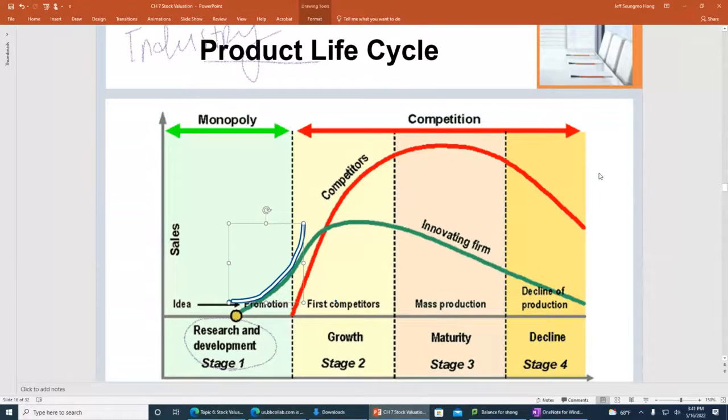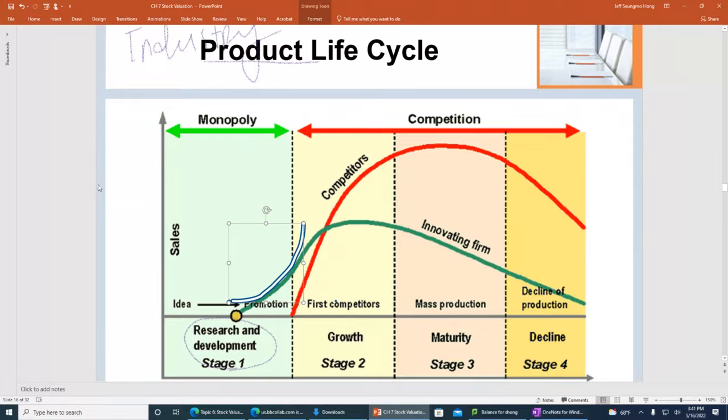Because what kind of characteristics does that curve have? The slope of that curve is increasing over time. In other words, the slope is getting steeper and steeper and steeper. That means growth rate is accelerating, right? If it is the other way around, then it is decay.